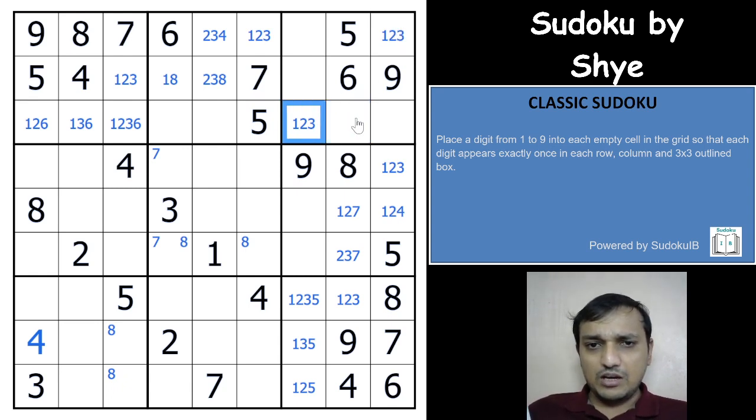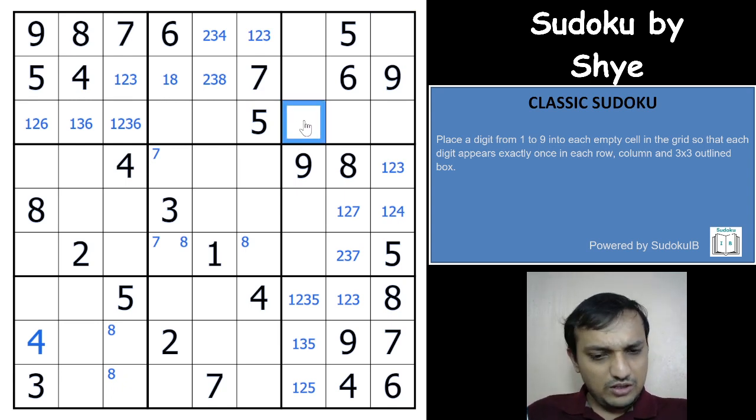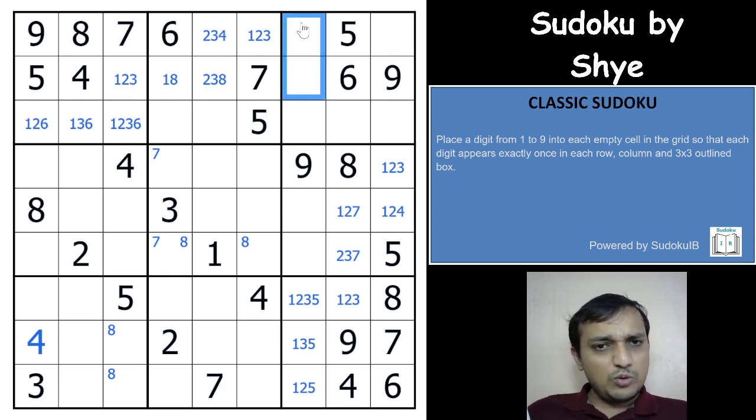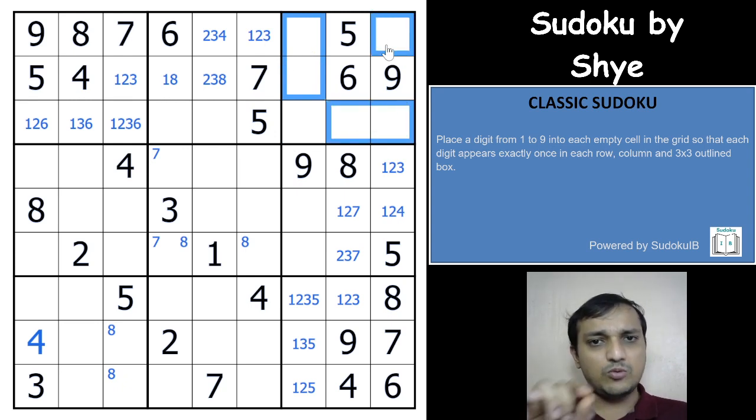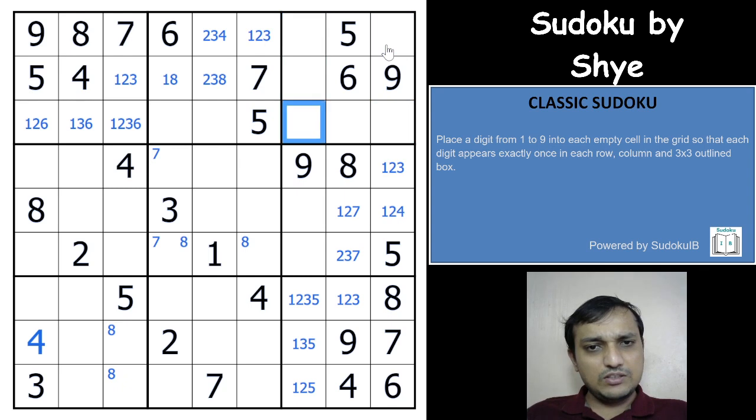If you have it here, you need to have two digits of 1 2 and 3 in this one cell. Not possible. If you have it here, it would have to have two digits here. So this cell can never be a 1 2 or a 3. One of the 1 2 and 3 would have to be here, one here, and the third would have to be here. That is the logic.